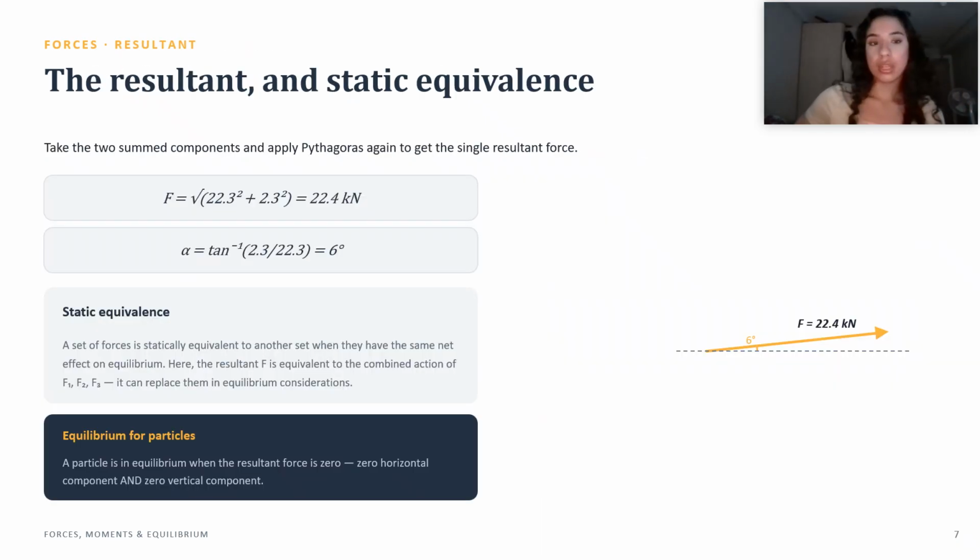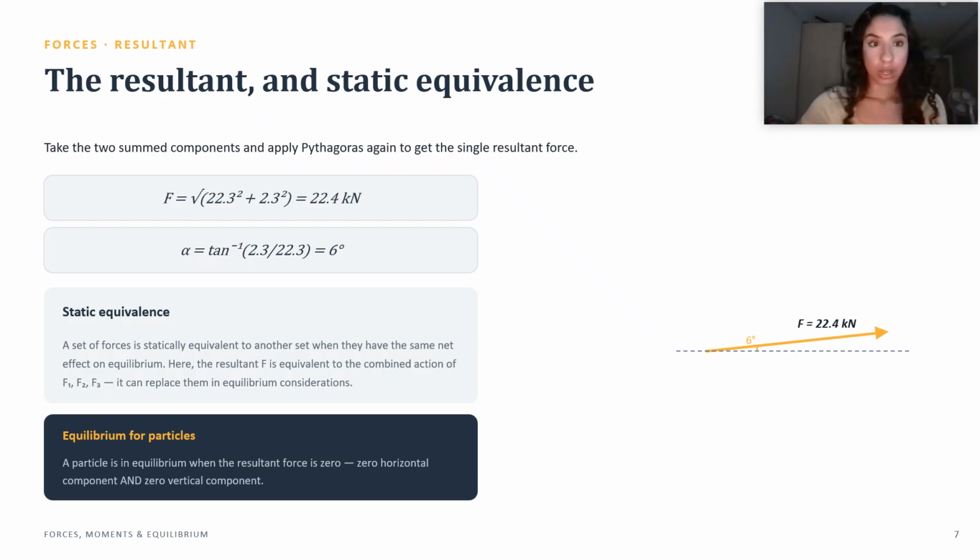Right, now the horizontal and vertical forces we got from the question that we just did, what if we could combine them back and get one force? We will now use Pythagoras. The horizontal, 22.3 squared, plus the vertical, 2.3 squared.